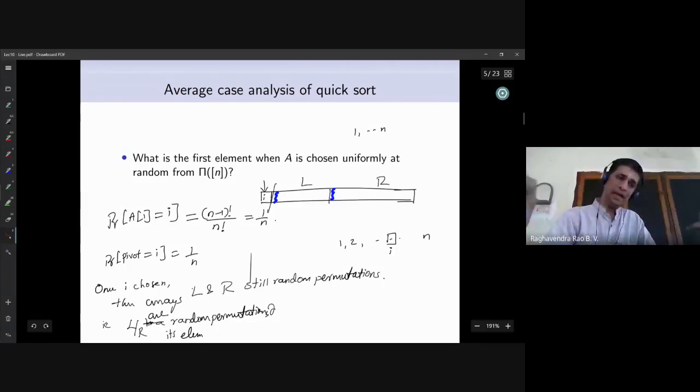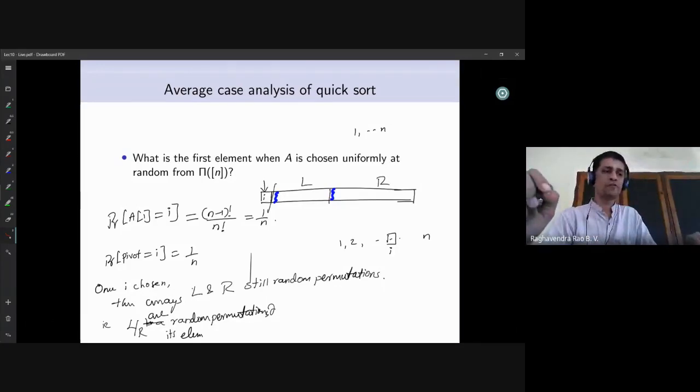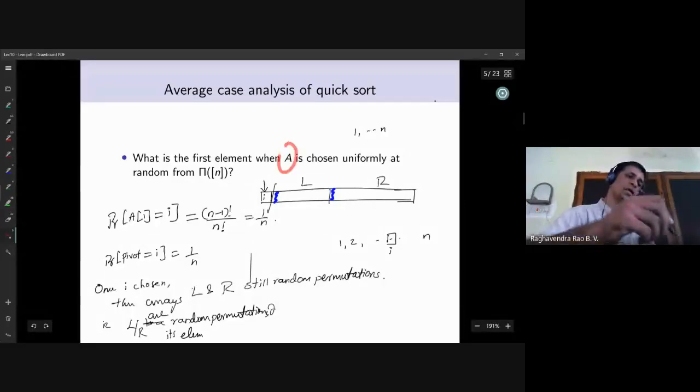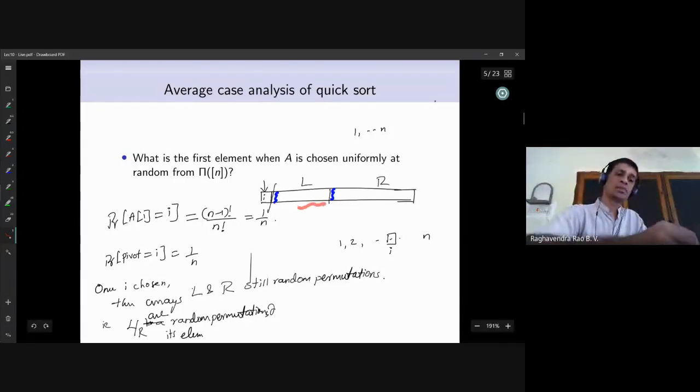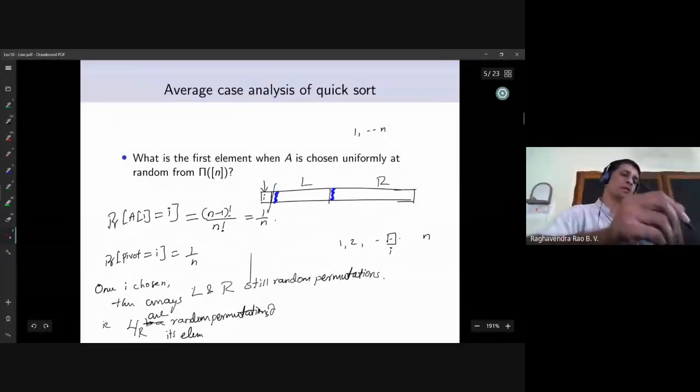In effect, choosing the first element under a random permutation fed as input is the same as the second level of recursion for randomized quicksort, which chooses a pivot uniformly at random, right? So it's the same effect as feeding our quicksort a random permutation and choosing the first element.